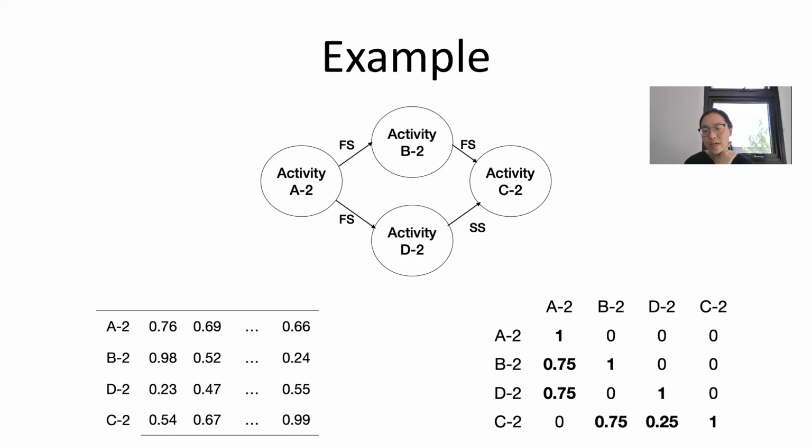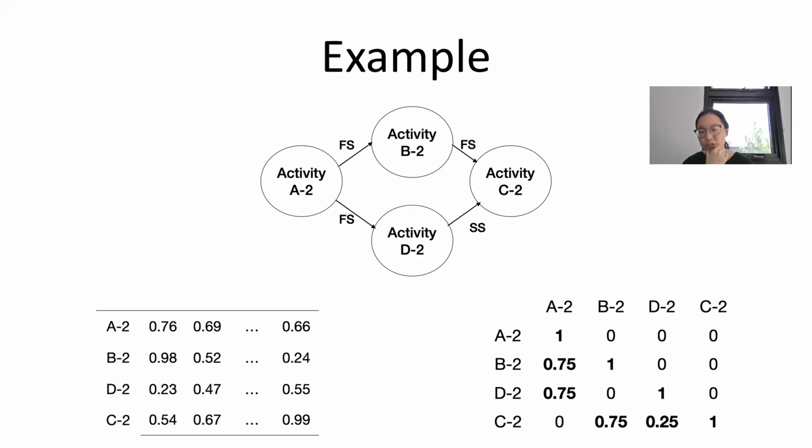We incorporated the logic link between activities, for example, finish to start or start to start. We use a relative percentage to see how much percent this logic link specifically has shown in this project.